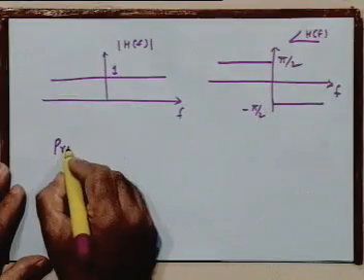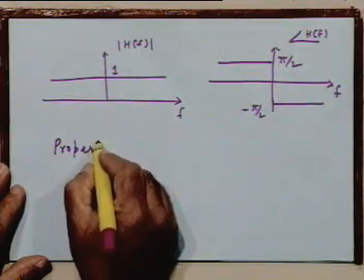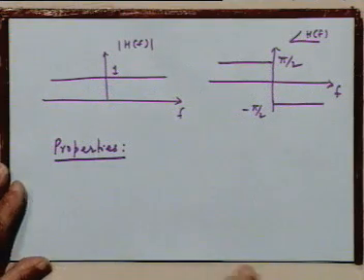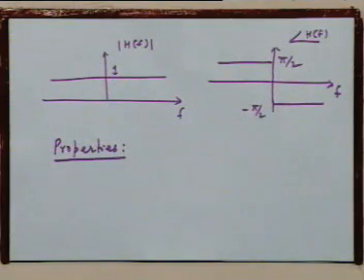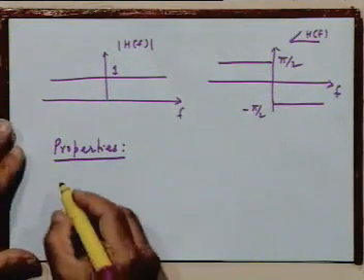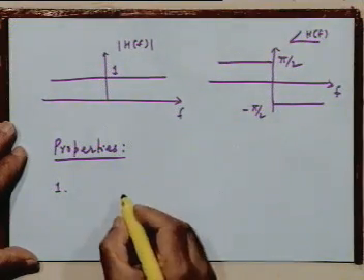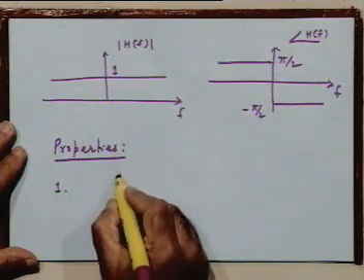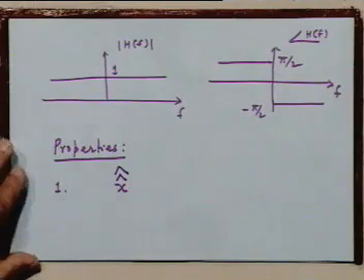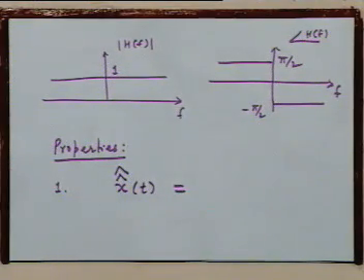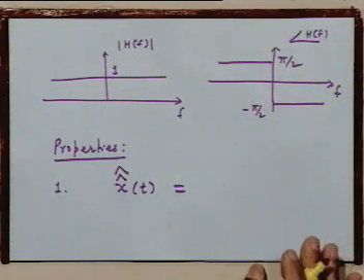Let's look at some interesting properties of the Hilbert transform. Just like we appreciate the properties of the Fourier transform and the Laplace transform, let's look at some simple basic properties of the Hilbert transform. Suppose I take the Hilbert transform of x hat t, what will I get back? Without doing any mathematics, can you tell me?